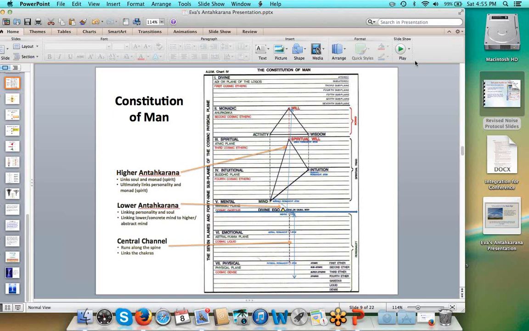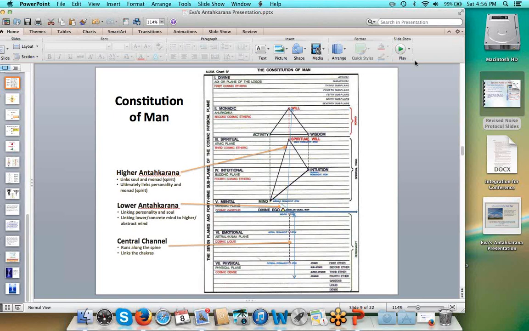Okay, I don't know if you've studied the rays yet. Yes, I have. Okay, if you've studied the rays, then each ray is associated with a particular color. Actually, it's more than one color. It's associated with an exoteric color, which is the color of its personality, and with an esoteric color, which is the color of its consciousness or soul, so to speak.